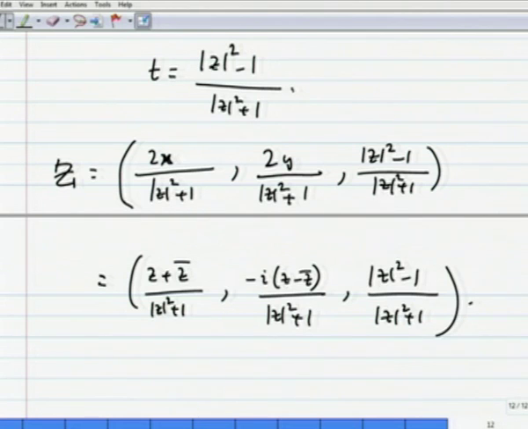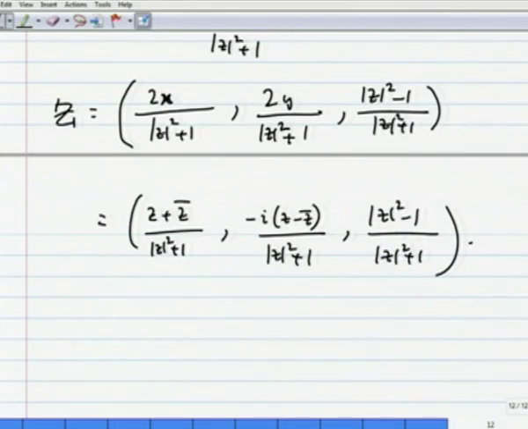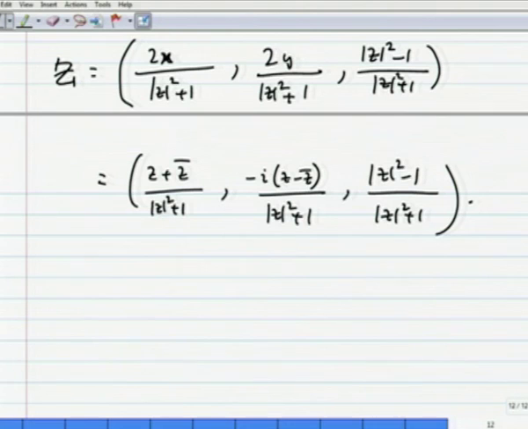So, that is your point of intersection of the line joining the north pole and a point z on the complex plane with the unit sphere. So, that is the point Z.